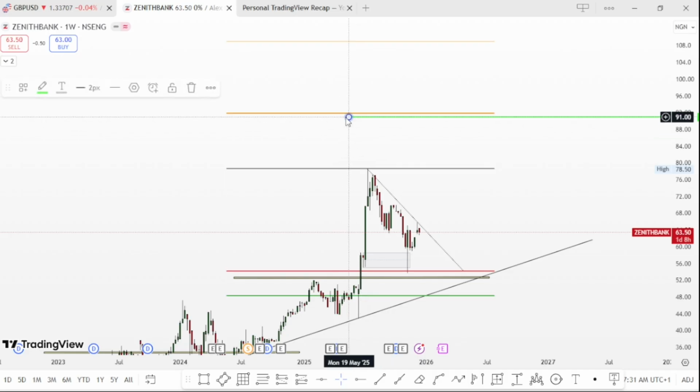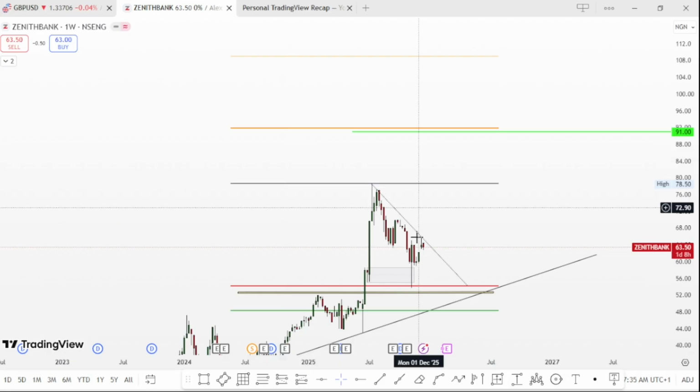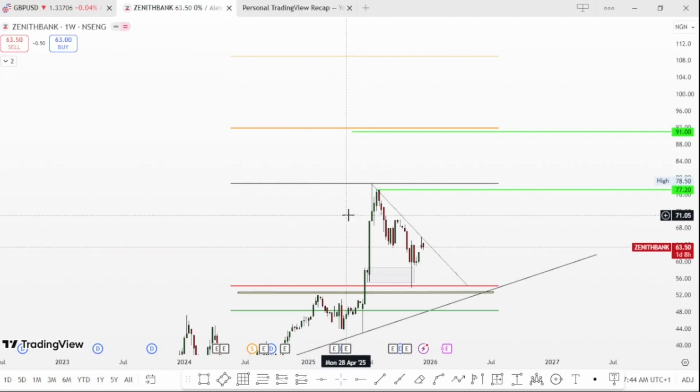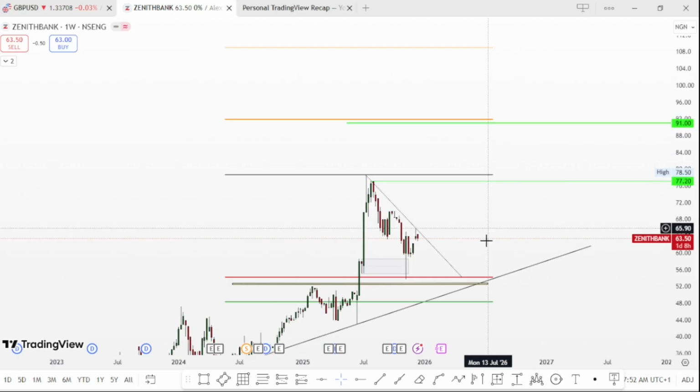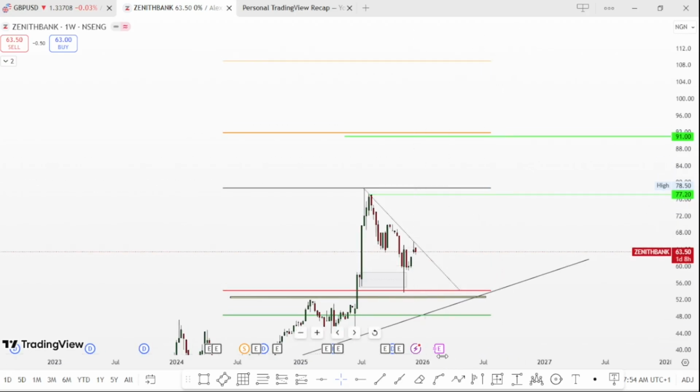So if we take out this trend line and start running up, the next level targets after we've cleared this level as well: if you take out this all-time high, a successful break of it would see us to the 91 region, 91 naira per share on Zenith Bank.